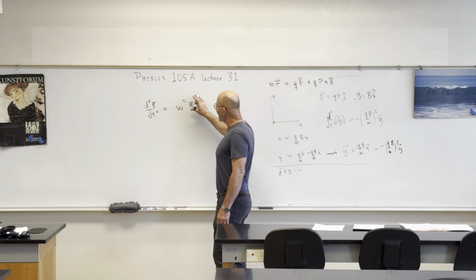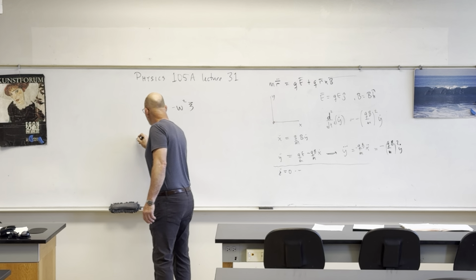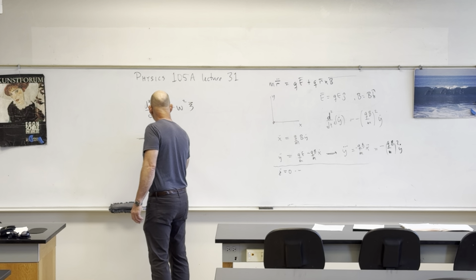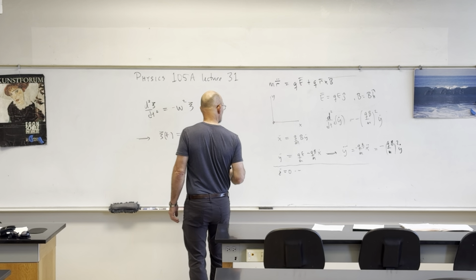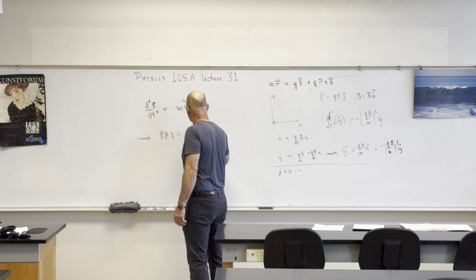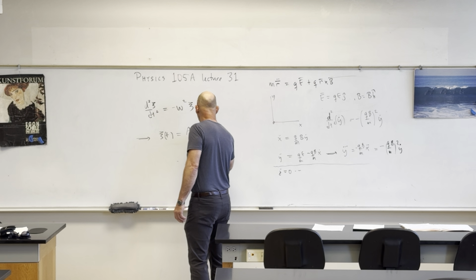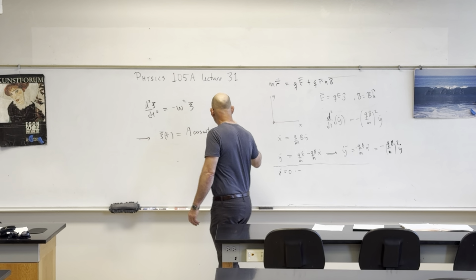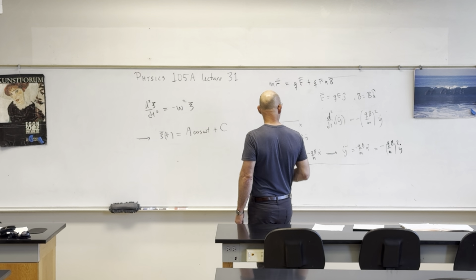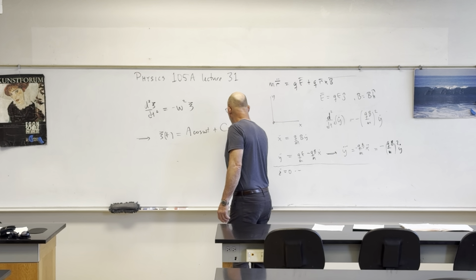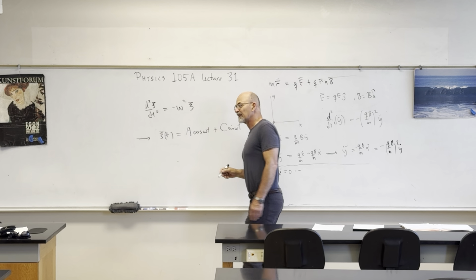But once you have this, you can immediately go off to say c of t is equal to, I gotta choose my letters, A cos omega t plus C sin omega t.